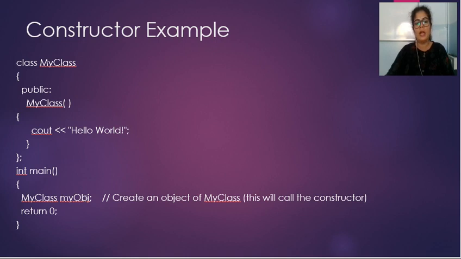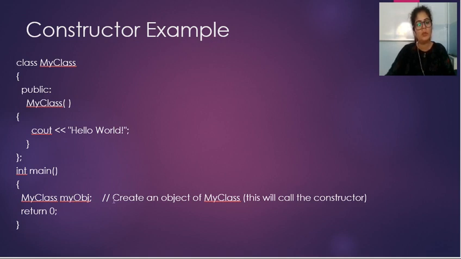Now I have told you that a constructor is automatically called whenever we create an object. So when an object is created, it will call the constructor. It will transfer the call to the public section, to the constructor MyClass.